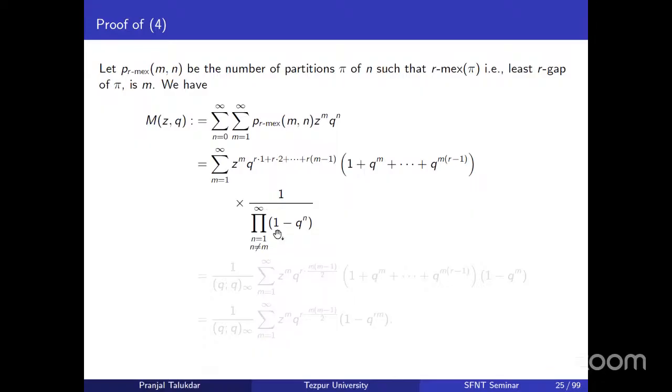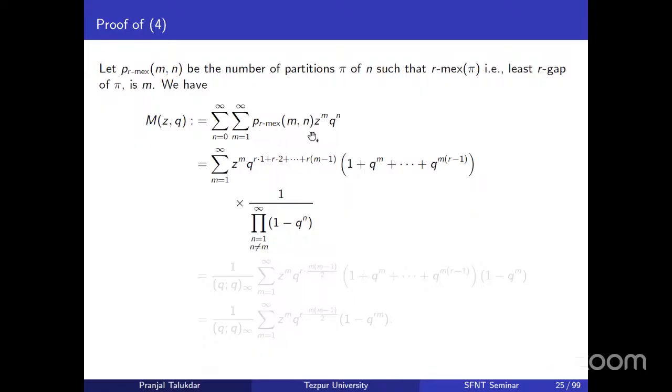But in that generating function there will also be some parts involving m, which will be occurring r times or r plus 1 times, because then below there will be some terms like 1 minus q^m, which in turn will give rise to 1 plus q^m, and so on. All these terms generate all the parts that m appears in. So first we restrict here that n cannot be m.